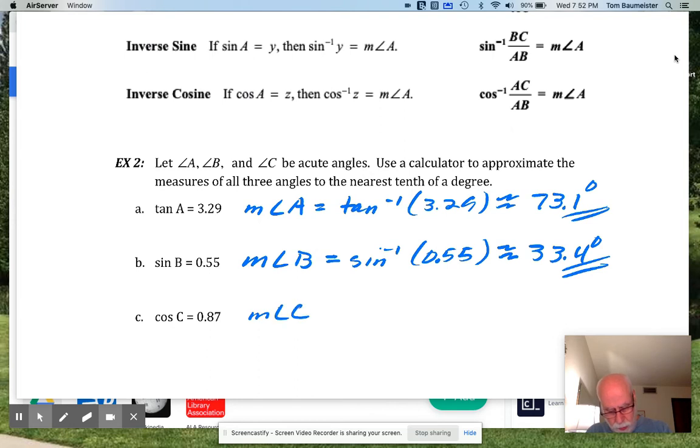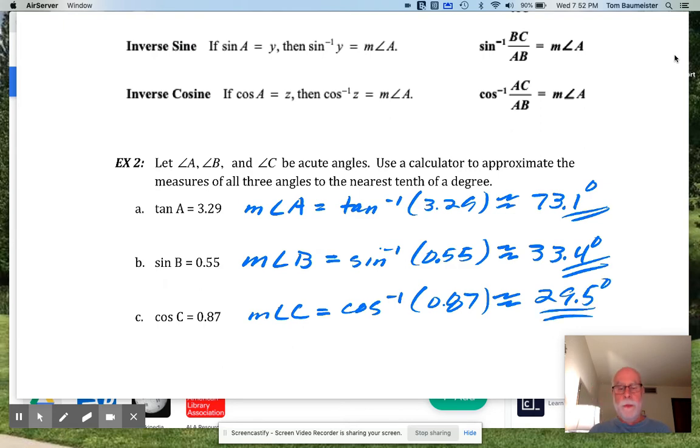So we would say that the measure of angle C is equal to the inverse cosine of 0.87, or 87 thousandths. And that one will equal 29.5 degrees.